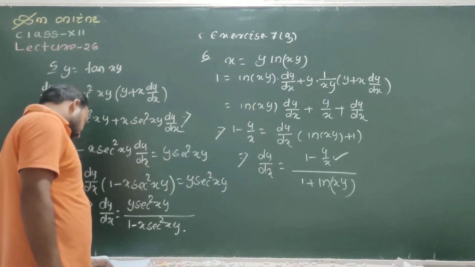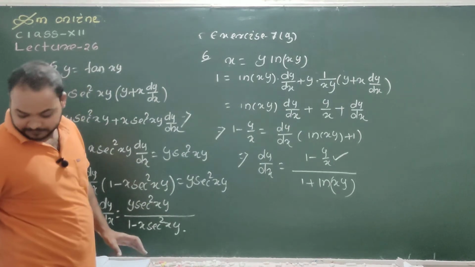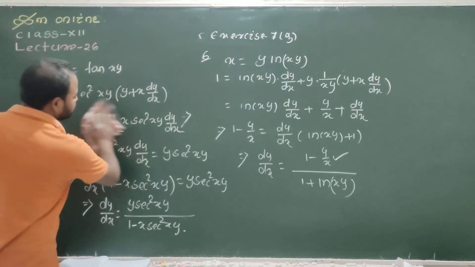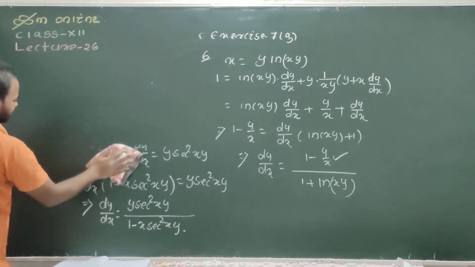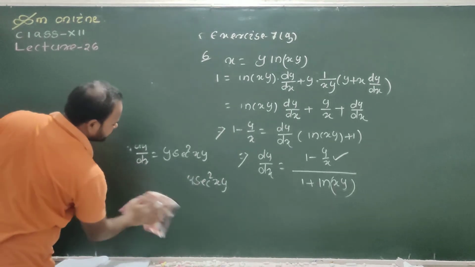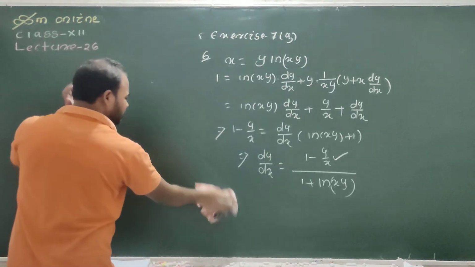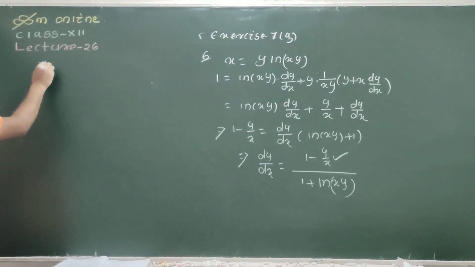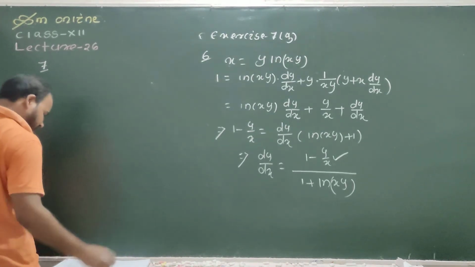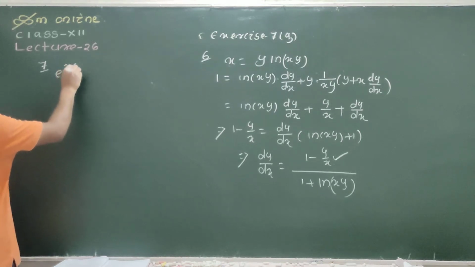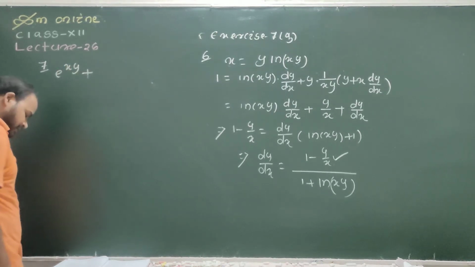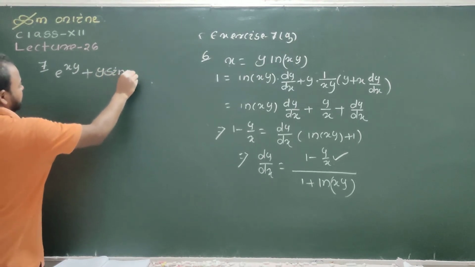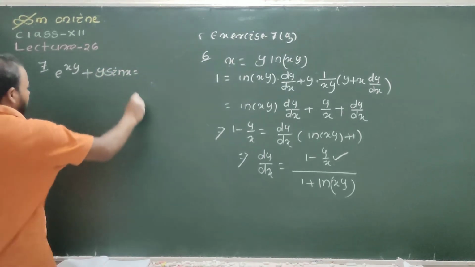Now question number 7. This is e to the power xy plus y sin x equal to 1.